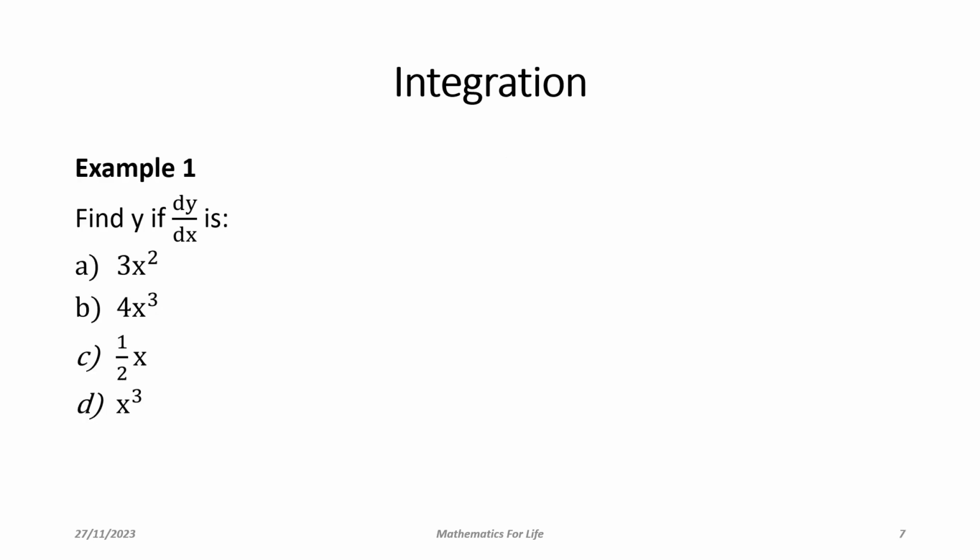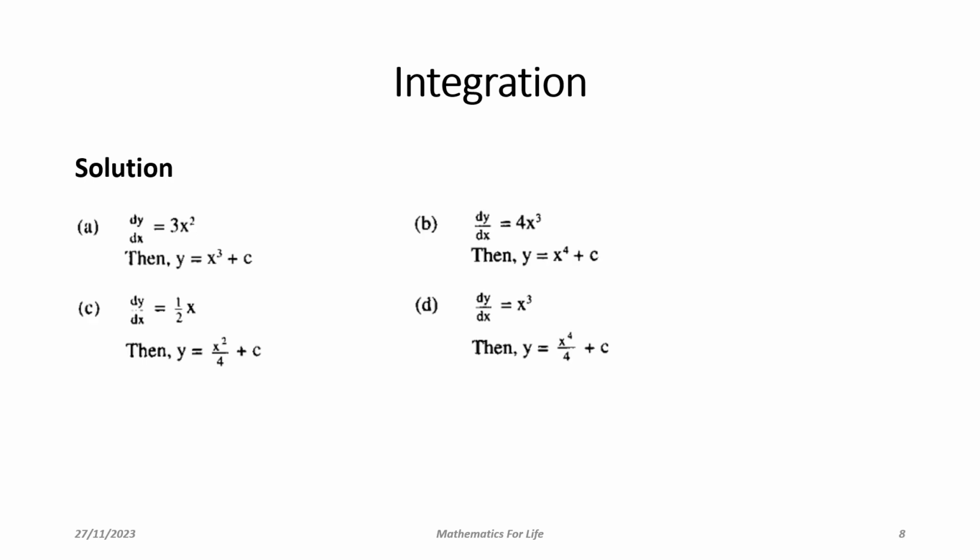Now let's look at our very first example, example number 1. Find y if dy/dx is 3x squared, 4x cubed, a half x, x cubed. In this example, we are required to determine the respective functions whose gradient functions are provided in these 4 questions.